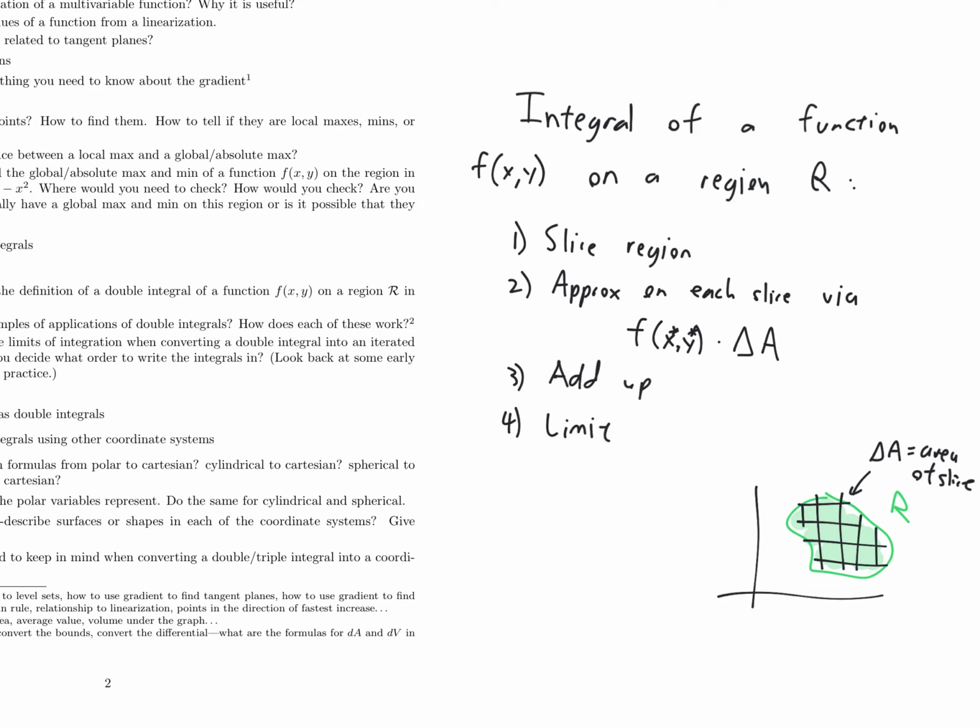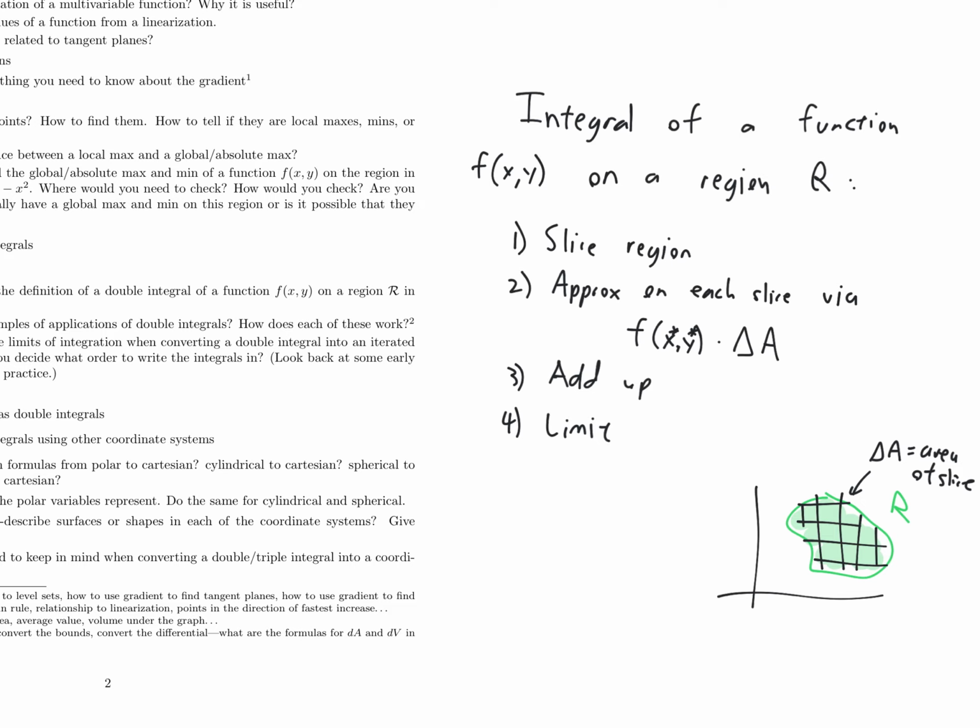So why would we want to go through such a complicated process? Well, remember some of the early examples, the ones that we saw in the worksheets, such as population density. If you knew the population density were constant, so let's say 1,000 people per square mile, you could just multiply the number of people per square mile times the number of square miles. However, if the population density depends on position, that is, if it's a function of position, that doesn't work anymore.